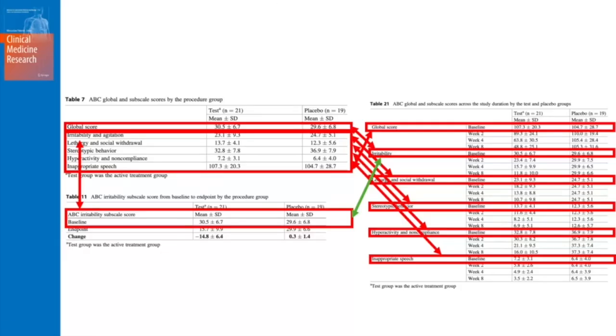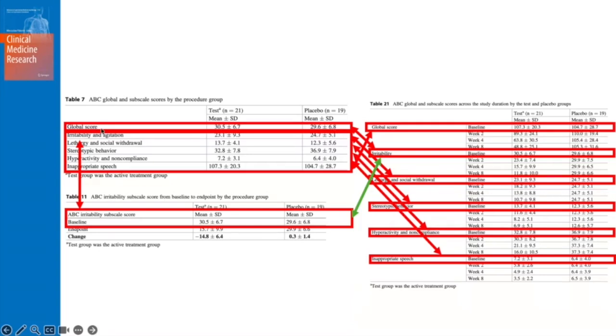So as I told you, actually, in table 7 and in table 11, we had in table 7 the global score, which is at baseline 30.5 with an SD of 6.7 and 29.6 with a standard deviation of 6.8.